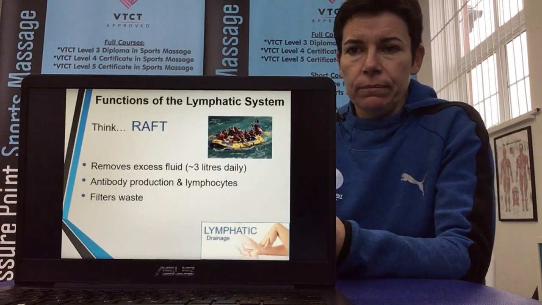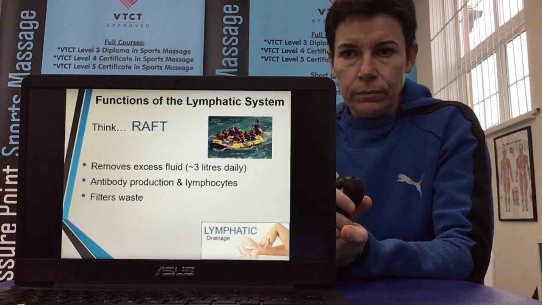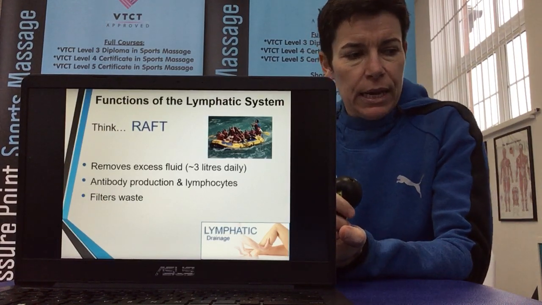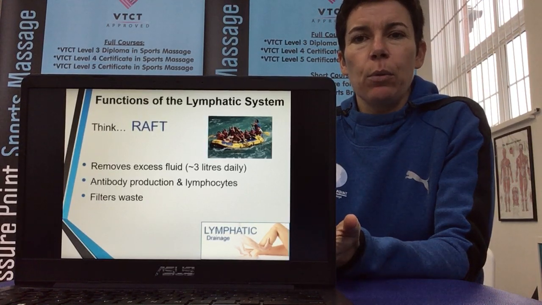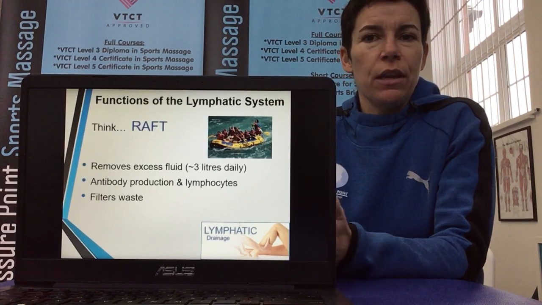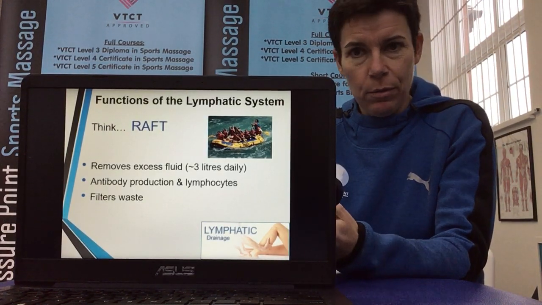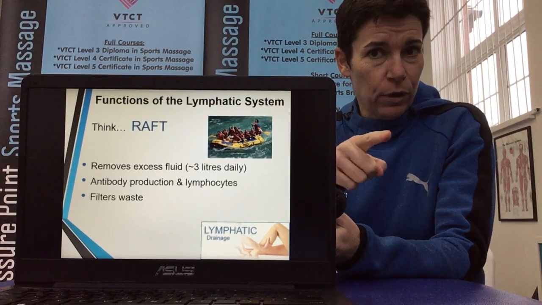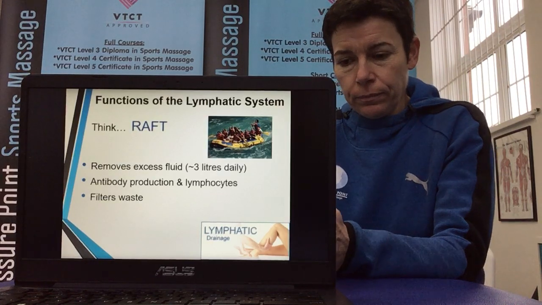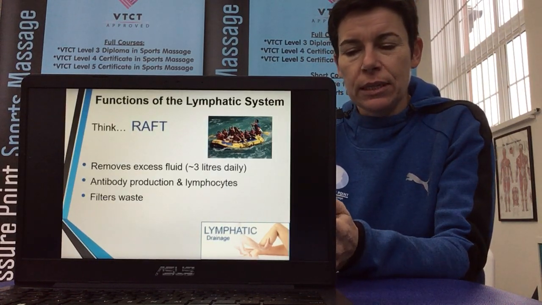F for filtering, so filtering waste. I think of the lymphatic system as being the second circulatory system of the body, where the first one is cardiovascular. So think about how the blood moves around the body and in the pathway. If we follow one blood cell around the body, how it can pass through the heart twice.